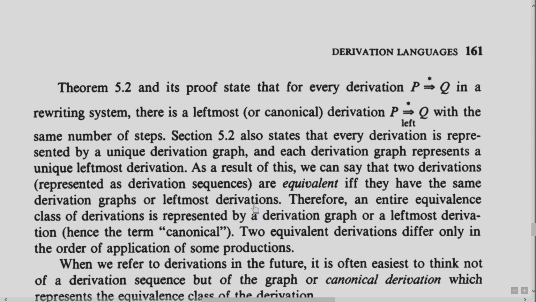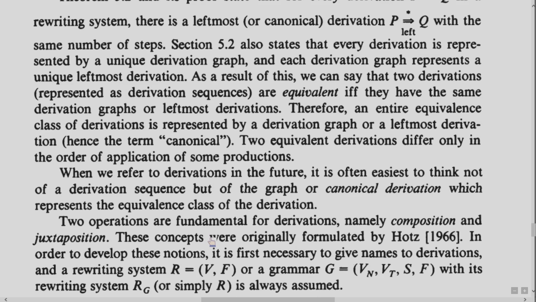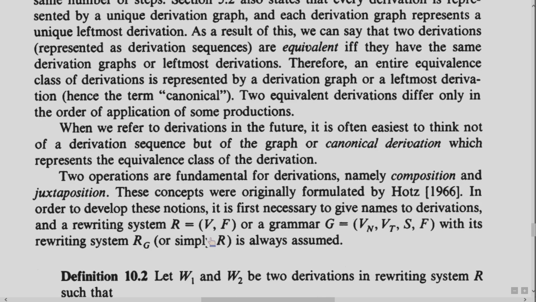And if we take leftmost derivation every time, it becomes a standard that whenever derivation is talked about, it is always leftmost derivation. So it is known as canonical derivation. Canonical derivation means the standard method used to derive the string.